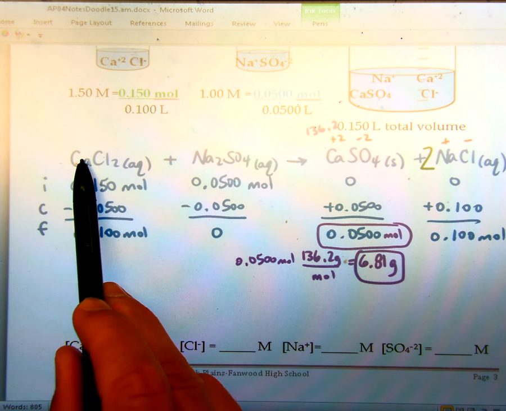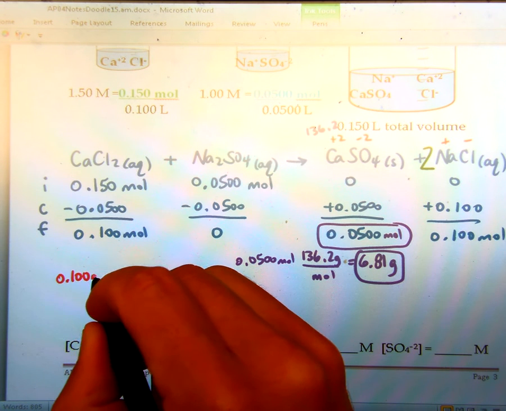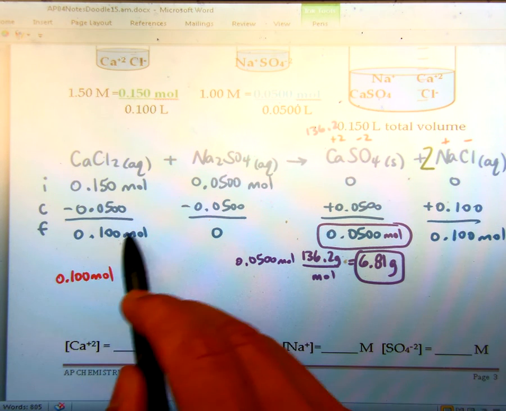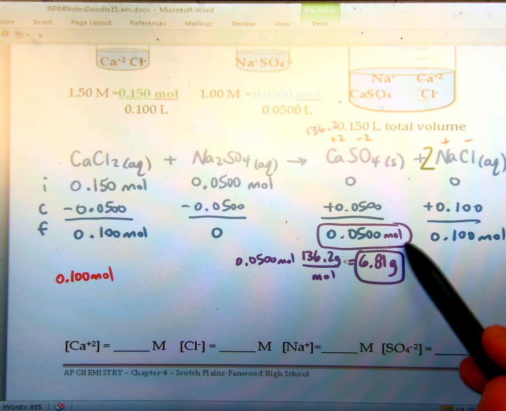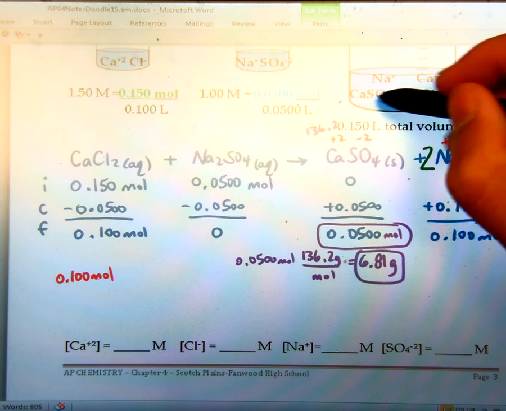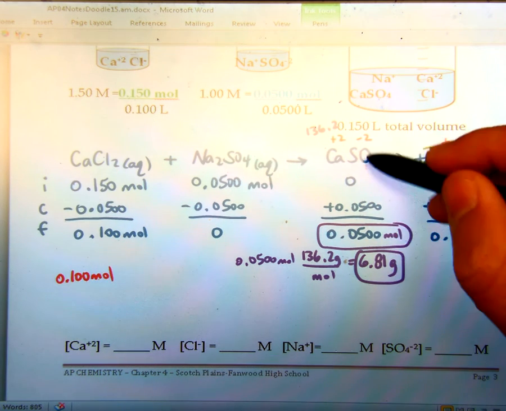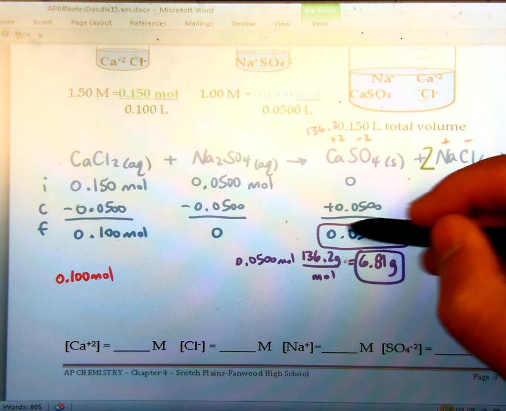Since there's one calcium in that, there are going to be 0.100 moles of calcium left over here. There will be no calcium left over here as ions because remember it made a precipitate. So this precipitate is not going to dissociate. So this calcium does not count as ions because it's all part of a solid.